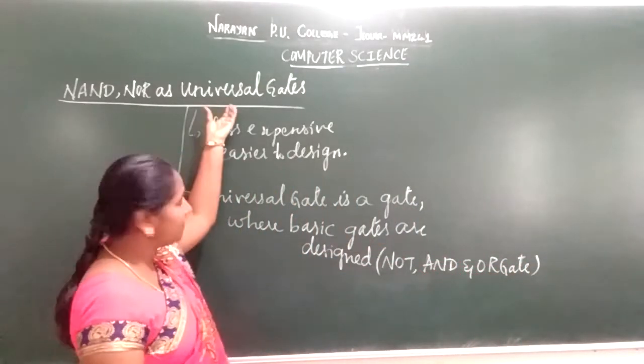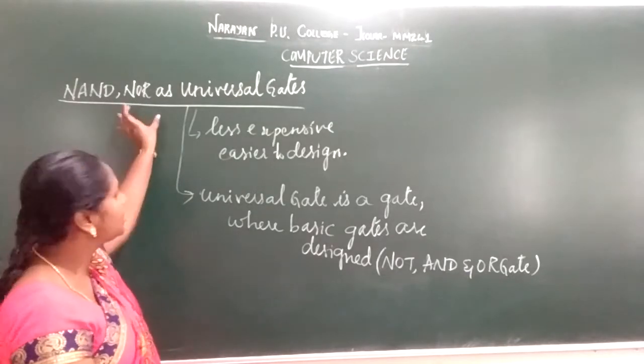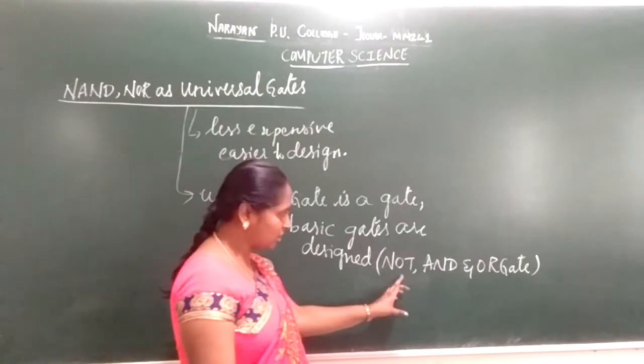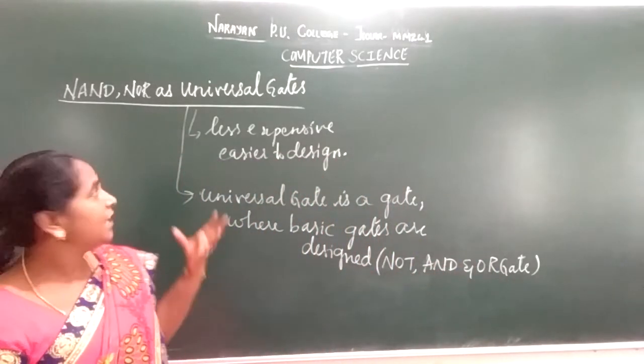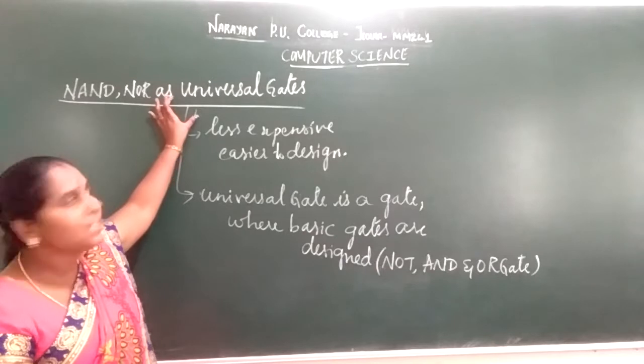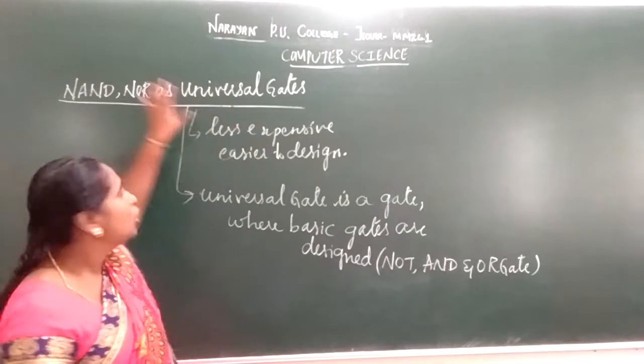With the help of universal gates, that is with the help of NAND gate and NOR gate, you can design your NOT gate, AND gate and OR gate. So the basic gates can be designed with the help of a universal gate, and such a gate we call a universal gate. Which are the universal gates? NAND and NOR.